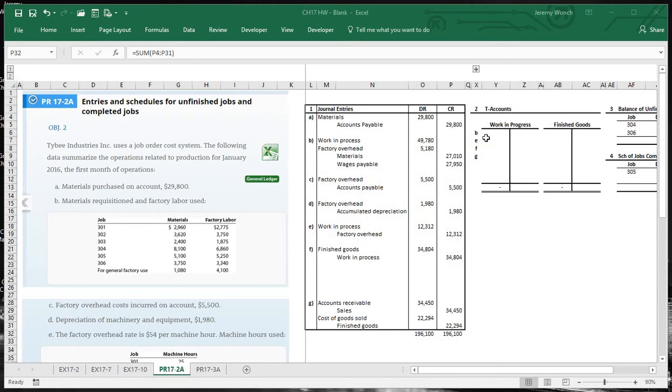If we just go in here and enter the amounts from the journal entries. So we have work in progress from part B. So we can just do equals there. And then down in part E, we have a work in process. And then in part F, we have a work in process, but this is a credit.